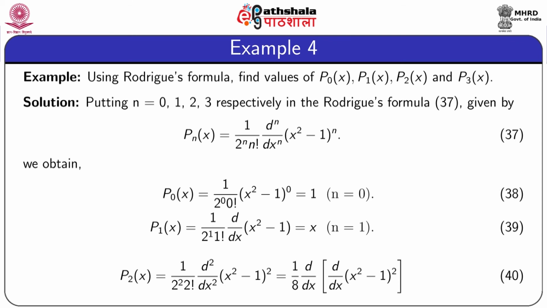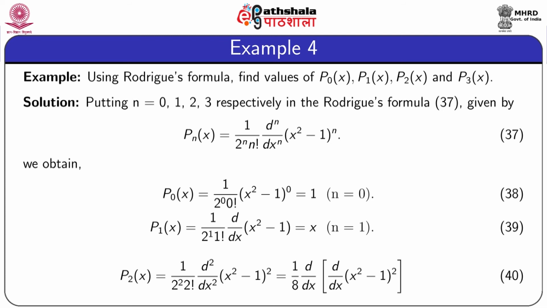If you now put n = 0, you will get 1/(2⁰ 0!) (x² − 1)⁰, which is equal to 1, that is P0(x) = 1, which we have already derived previously. P1(x) is equal to 1/(2¹ 1!) the first derivative of x² − 1, which is simplified to x, given by equation number 39.